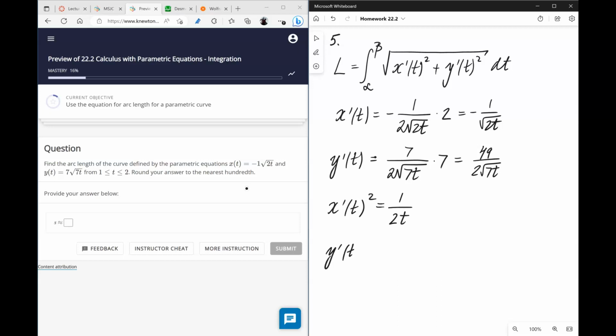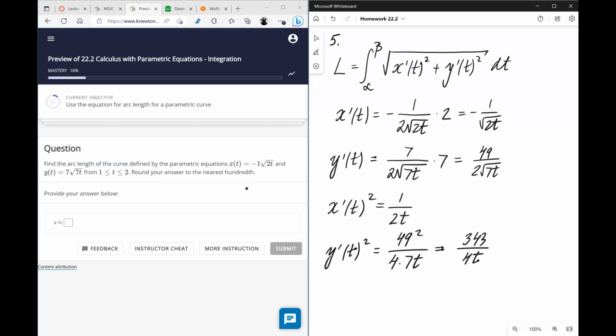And y prime of t squared is just going to be 49 squared over 4 times 7t. So it's going to be, looks like, 343 over 4t.